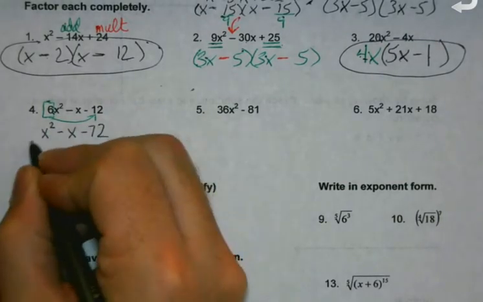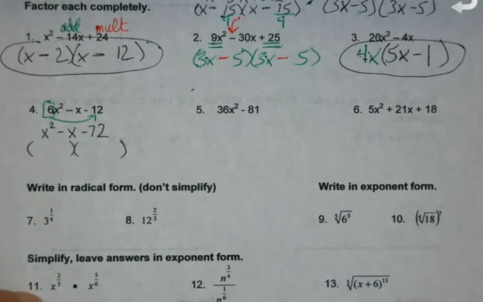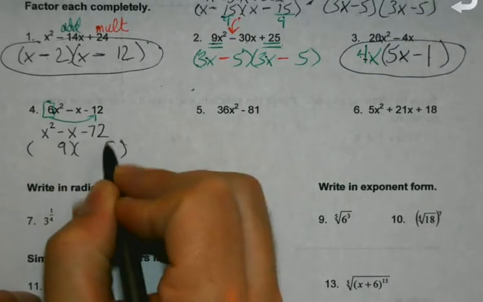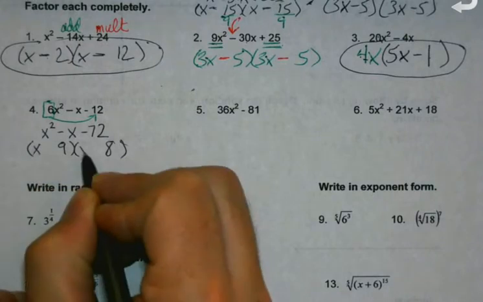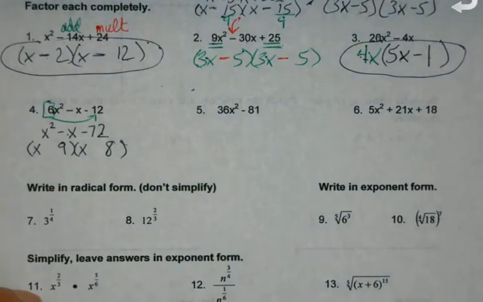So I need 2 numbers that multiply to -72 but add to -1, so they're going to be close. 2 numbers that multiply to 72 that are only 1 apart from each other. 9 and 8. Multiplying to get the number on the end, adding to get the number in the middle, so what's going to happen with my sign?